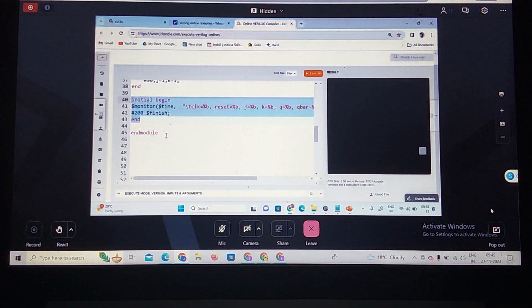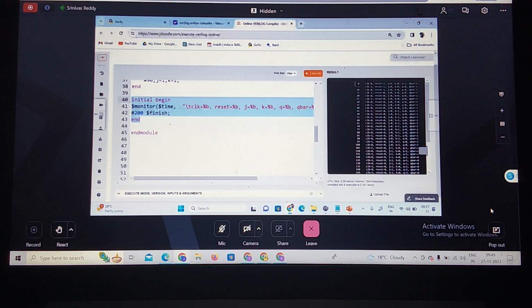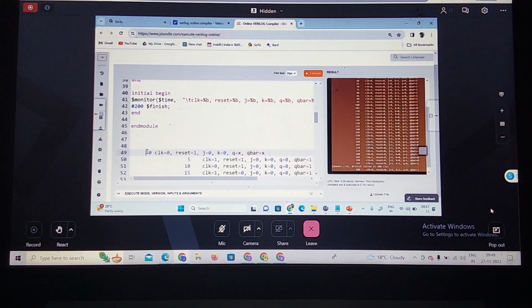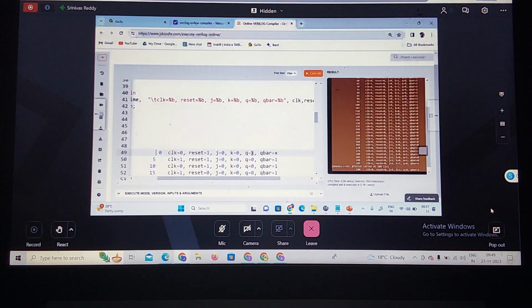Now let us first run for the syntax errors. So no syntax errors. This is the output. Let us copy this output here. At time t is equal to 0, what do we have? Time t is equal to 0, reset is 1, J0, K0, but Q and Q bar will be what?